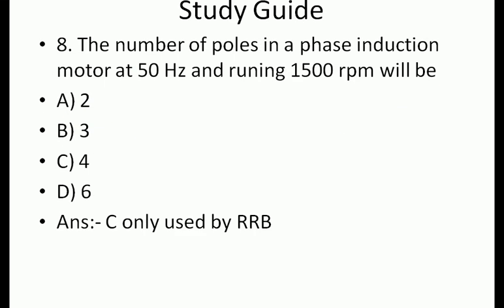Let us move to the next question. The number of poles in an induction motor. The question was asked like this, not specifying 3-phase or single phase. Induction motor 50 Hz running at 1500 RPM. We know that N equals 120 F by P. Now what is P?